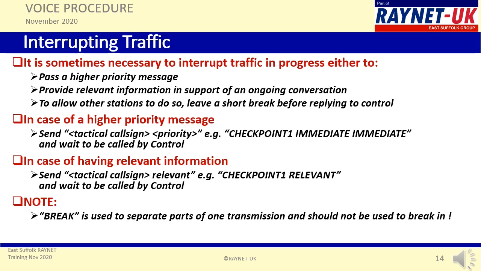In case of having relevant information, you interrupt with "checkpoint 1 relevant" and wait to be called by control. Note that break is used to separate parts of one transmission and should not be used to break in to a conversation.